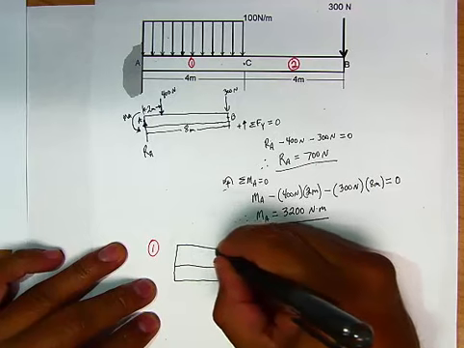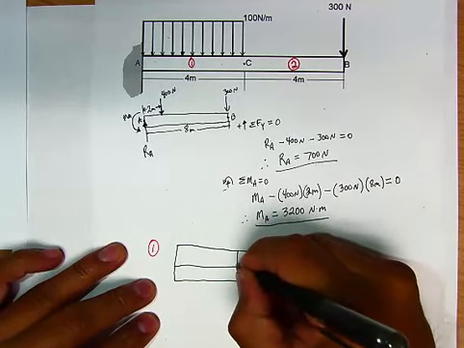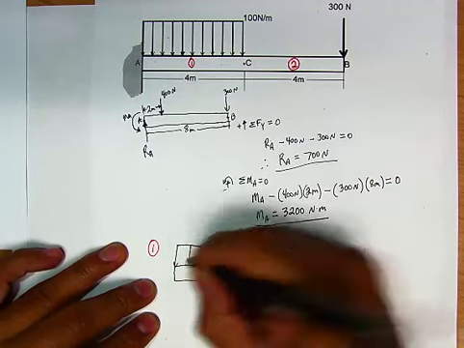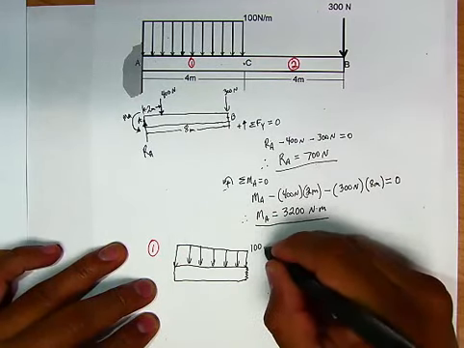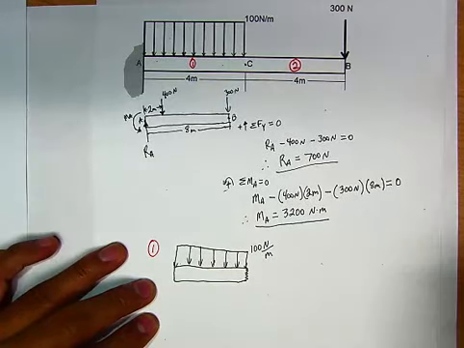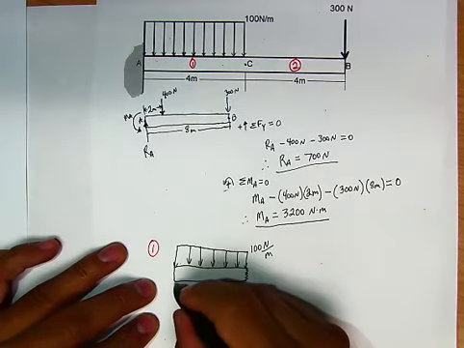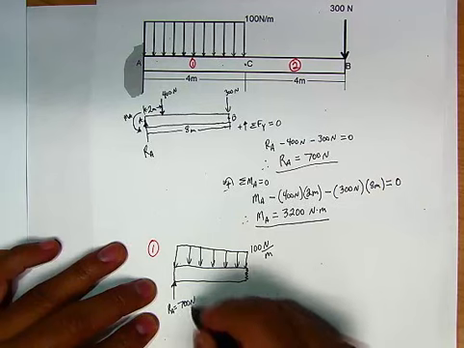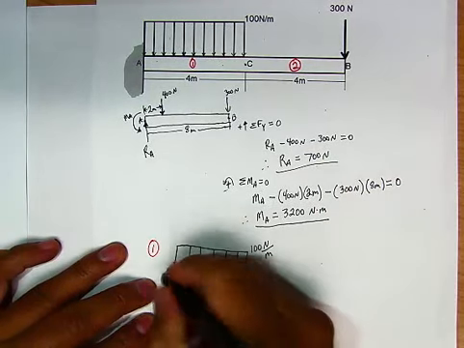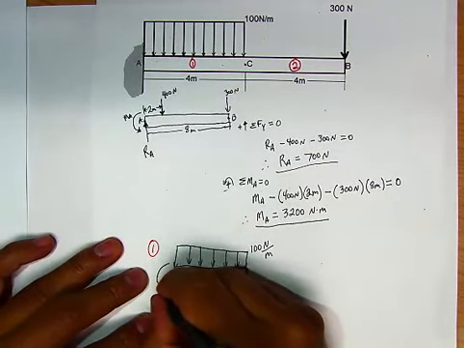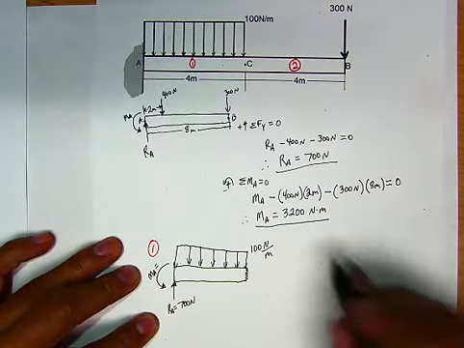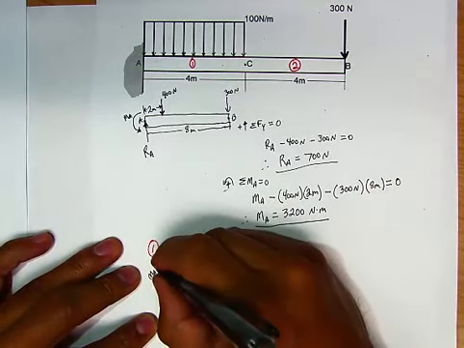We still have that distributed loading, and it is still 100 newtons for every meter. We have my reactive force at A, which has a value of 700 newtons, and we have a reactive moment at A as well, which also has a magnitude of 3,200 newton meters.